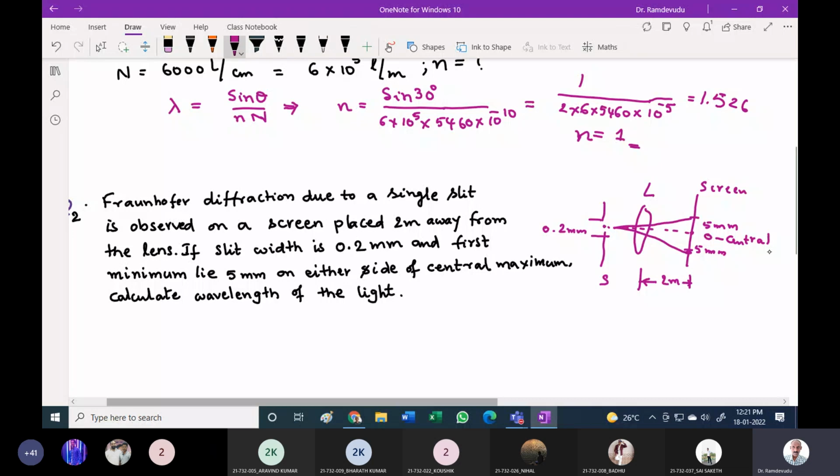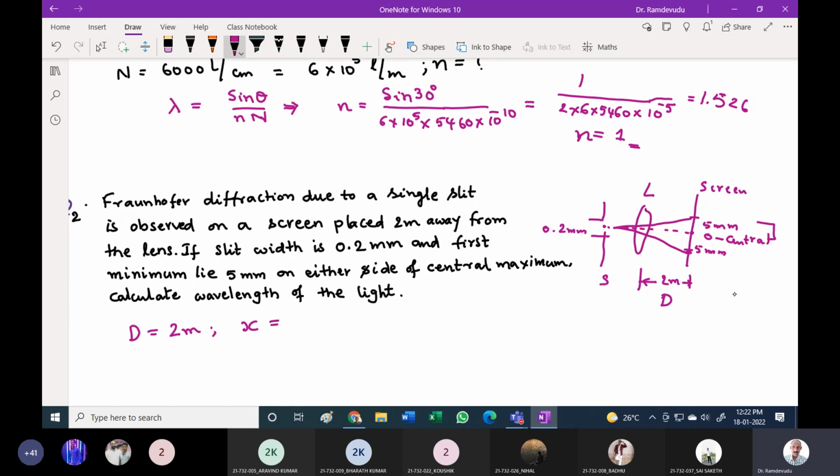In our experiment, we are calculating the wavelength. What have they given? They have given D, the distance between these two, which is 2 meters. Then X they have given. Actually, this is 2X.